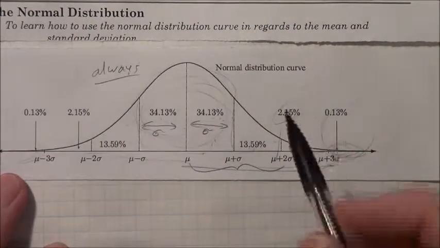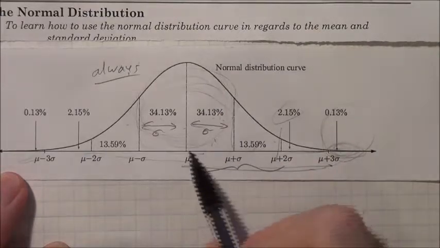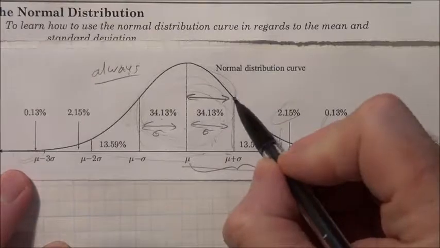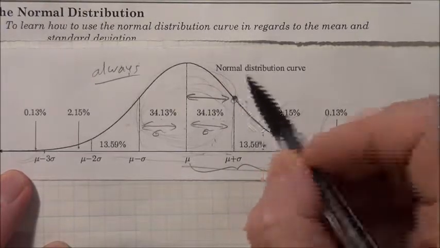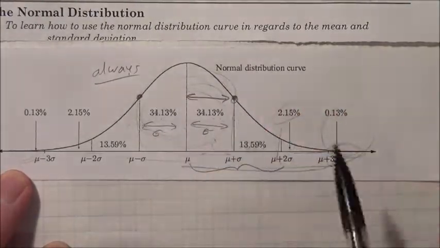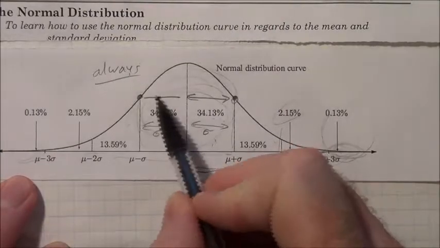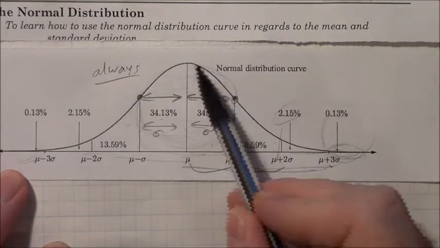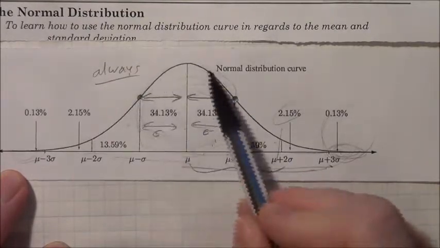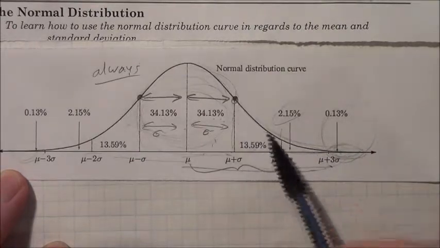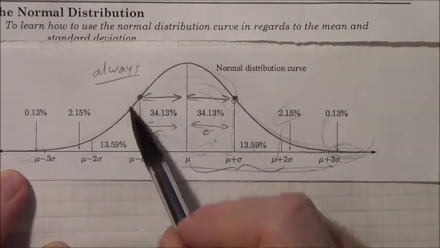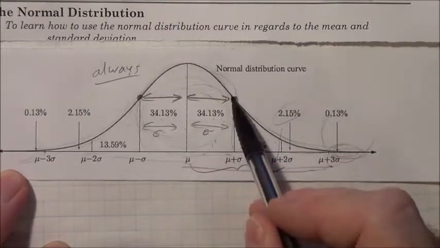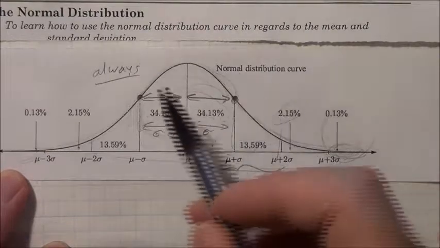The one important thing here is that the definition of 1 standard deviation is the distance from the mean to a point of inflection. A point of inflection is something we'll be using in calculus soon. That point of inflection is where the curve changes from concave down to concave up. So this is concave up here, this is concave up here, this is concave down. Where it changes from concave down to concave up, that's called a point of inflection.